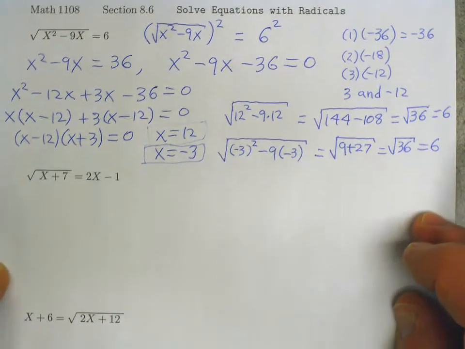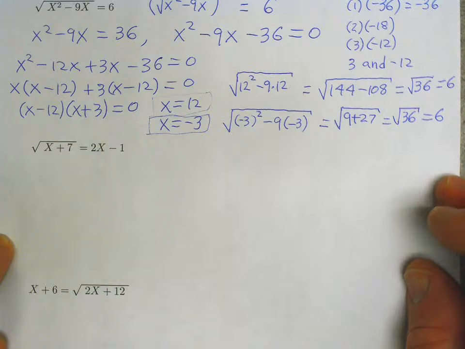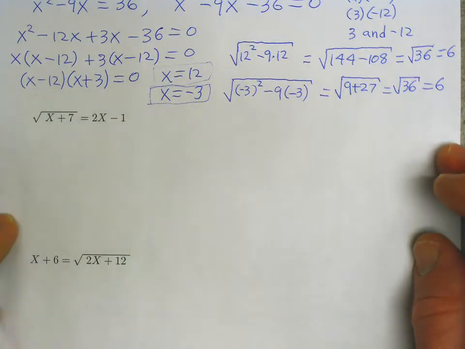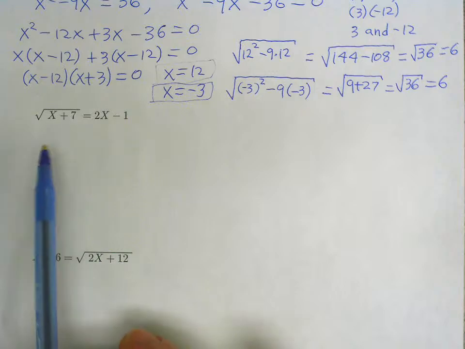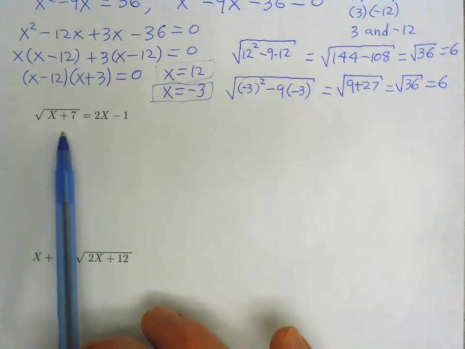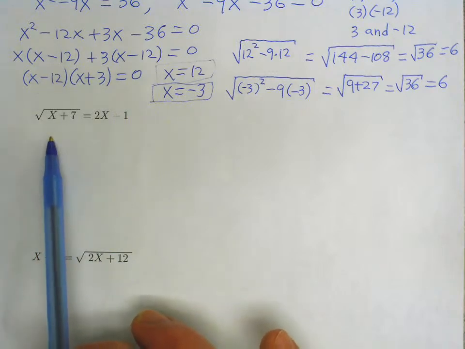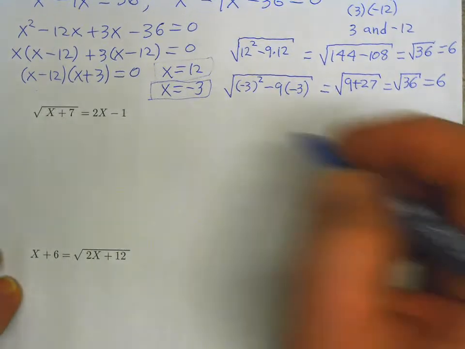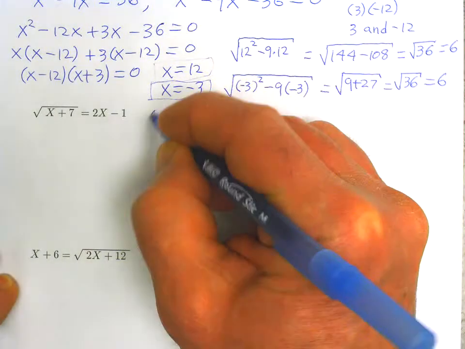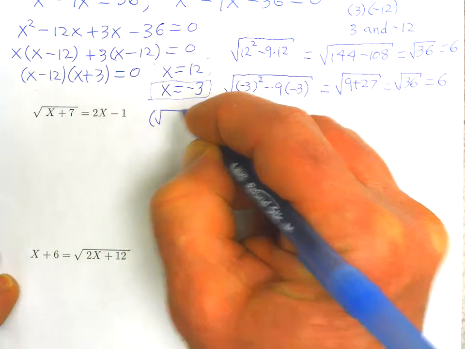Okay, the next example is a little bit more involved yet. But we have the square root of x plus 7 by itself on one side. So we can start by squaring both sides. So we'll square the left-hand side, square the square root of x plus 7.